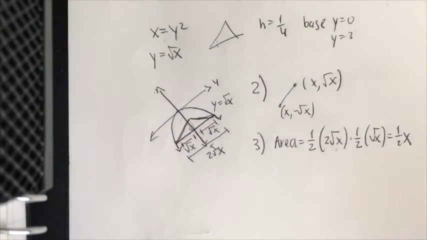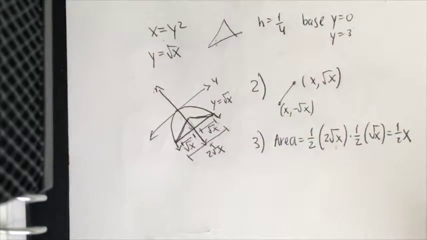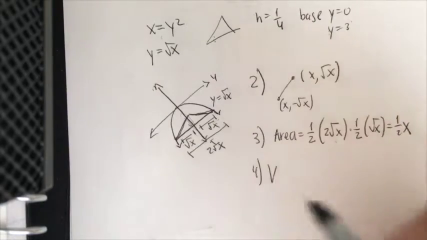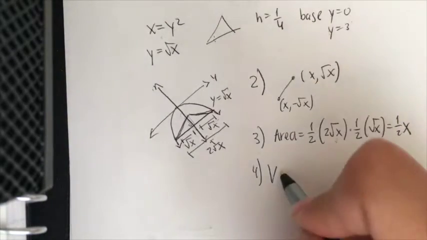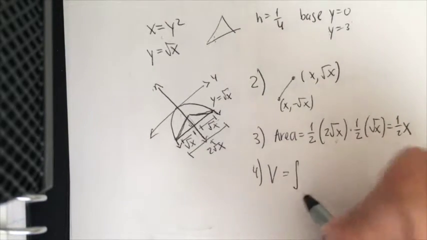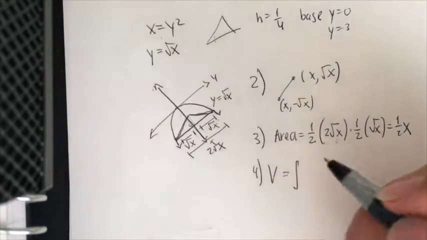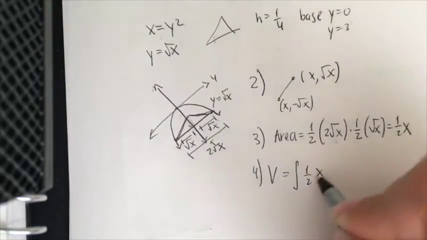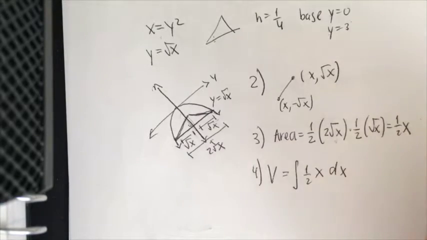Step number 4, evaluate our V, which will be equal to our integral from a to b, we'll figure out in a moment, 1/2 x, which will be our area, dx.